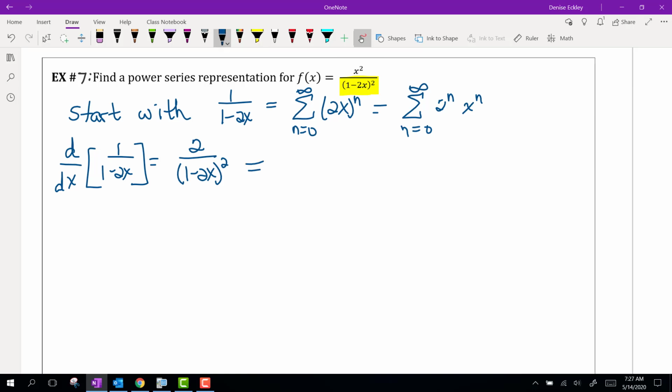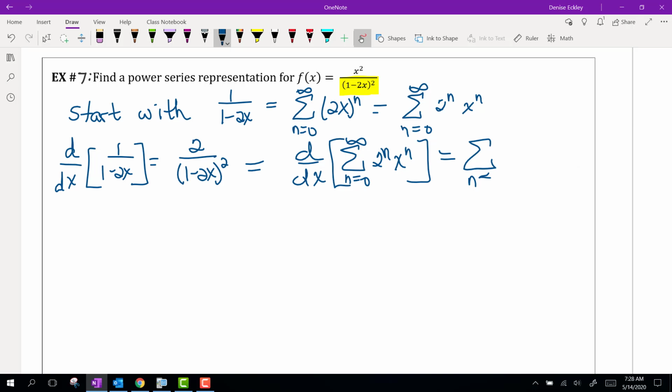So now I'm going to take the derivative of my series, and I can just use the power rule on this. And when I do that, I'm going to get the summation of n equals, now it's going to be 1 because when I took the derivative, I got rid of the constant term.